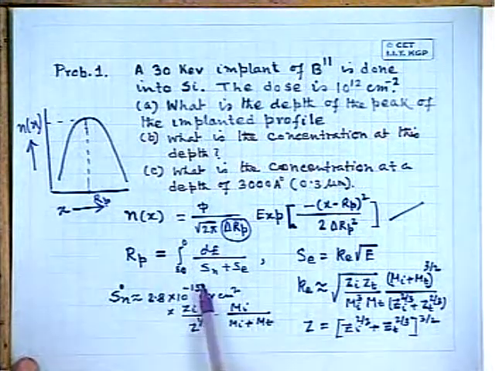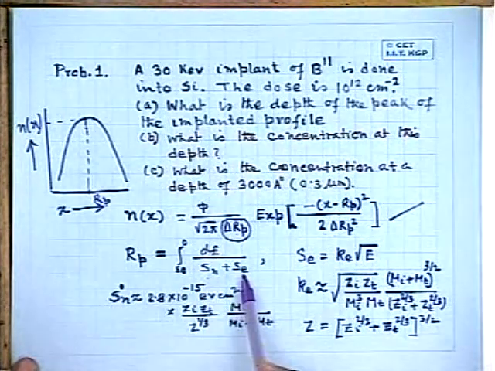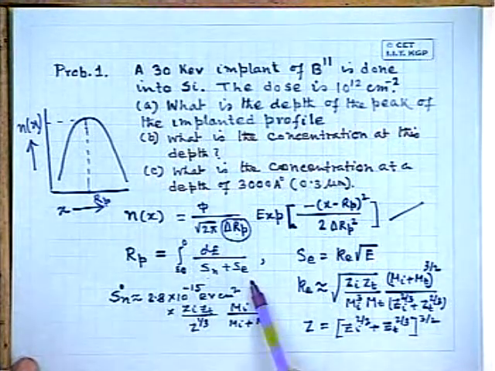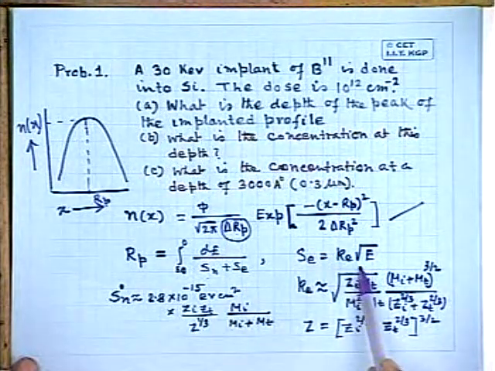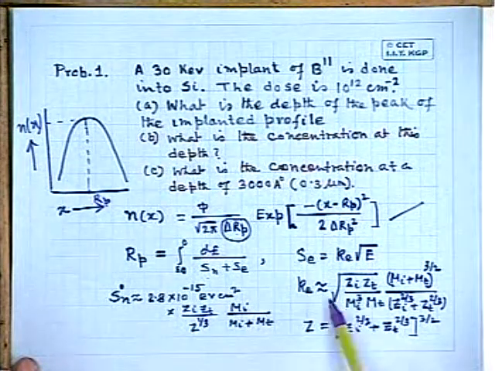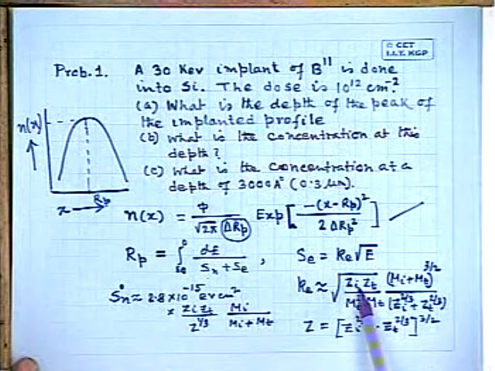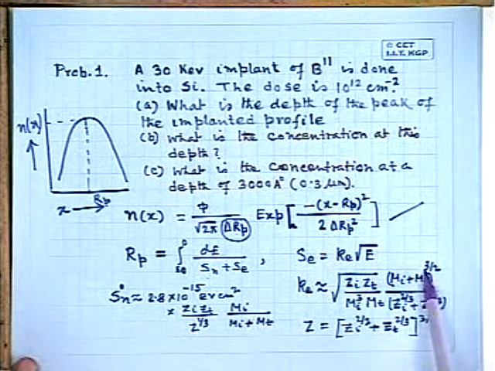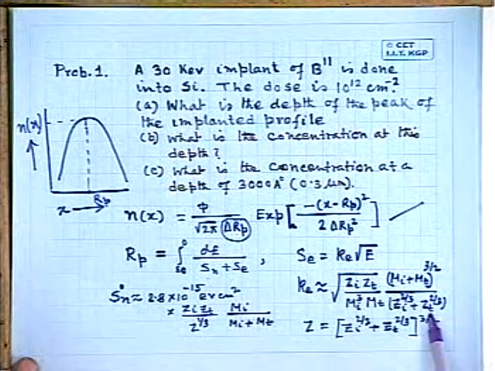And this Rp is given by the integral of dE by (Sn plus Se), where Sn is the nuclear stopping power and Se is the electronic stopping power. Now the electronic stopping power Se is given by Ke into square root of E. Ke is given by square root of Zi Zt, with Mi and Mt, where I stands for ion and T stands for target, Mi plus Mt to the power 3/2 divided by (Zi to the 2/3 plus Zt to the 2/3).